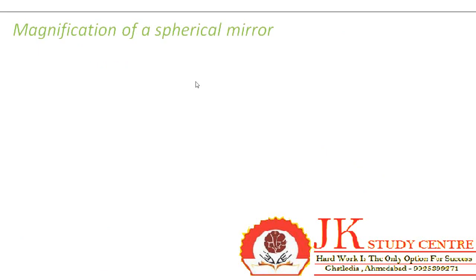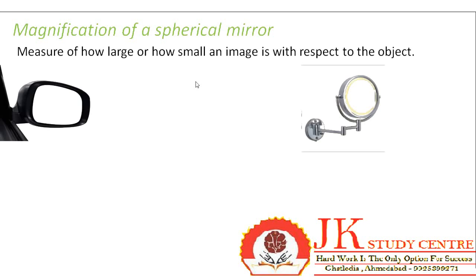So now we will talk about magnification of a spherical mirror. This magnification is the parameter which will tell us what would be the size of the image. That means whether the image will be enlarged or diminished or of the same size. If it is bigger, how much bigger it will be. So it is a measure of how large or how small an image is with respect to the object.